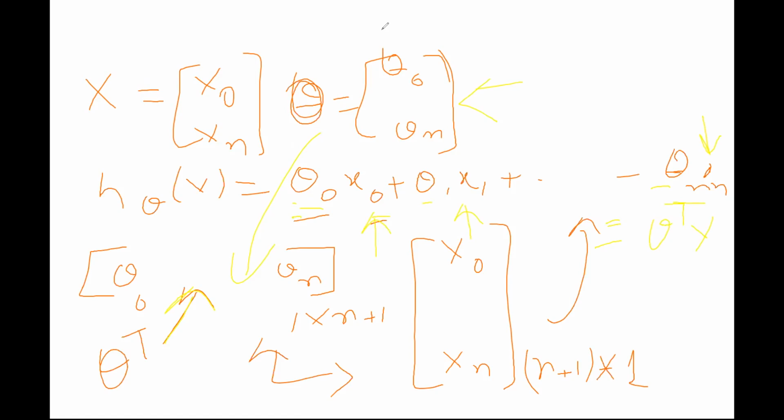As we did in the single variable case, we will do the same thing here. We will apply gradient descent in the multiple variable case. So you are clear that my cost function, J of theta, will become 1 by 2m.